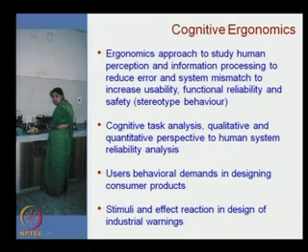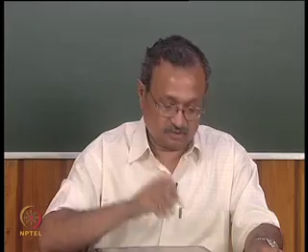Cognitive task analysis, qualitative and quantitative perspective to human system reliability analysis, users behavioral demands and designing consumer products, stimuli and effect reaction in design of industrial warnings. In this case, while operating so many switches, so many items, with different color codes, different shapes and sizes of the control knobs and so on, each gives a proper input of how to operate all the things in a controlled way.